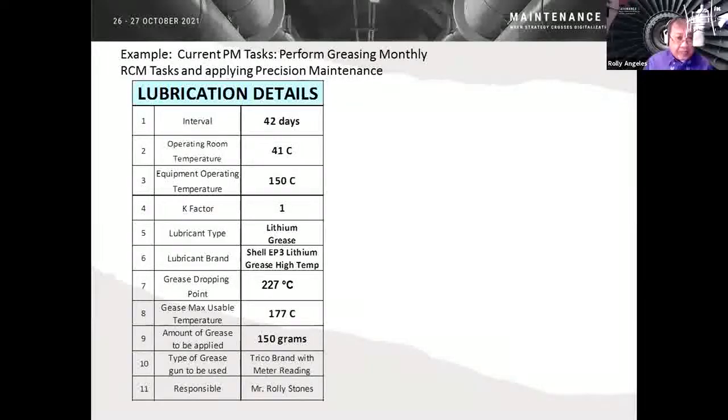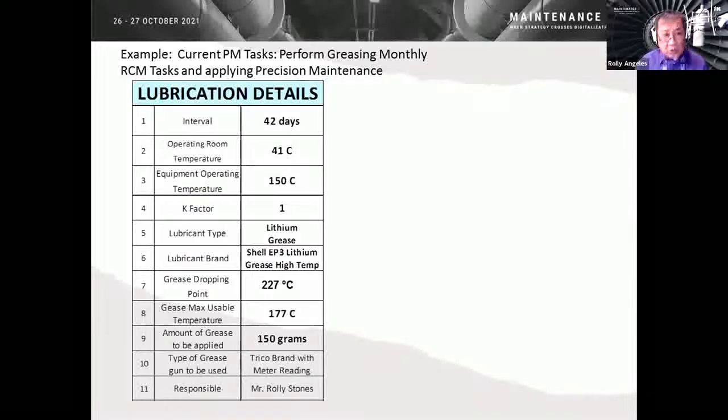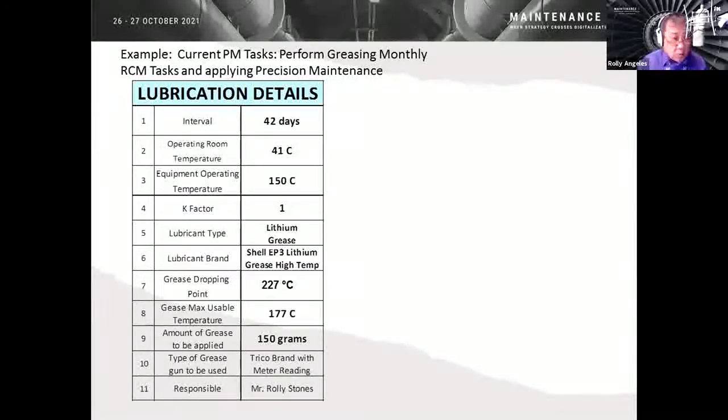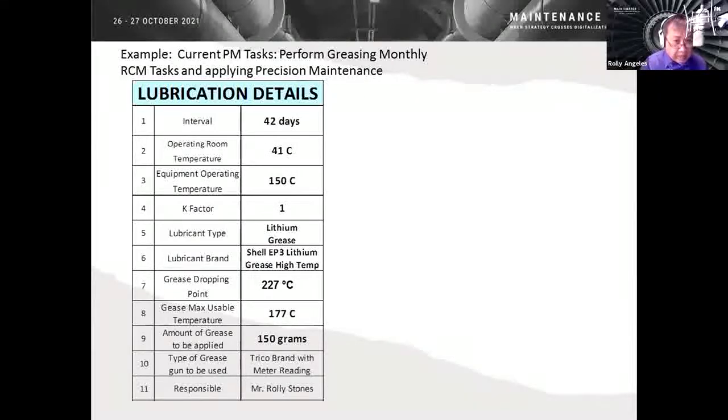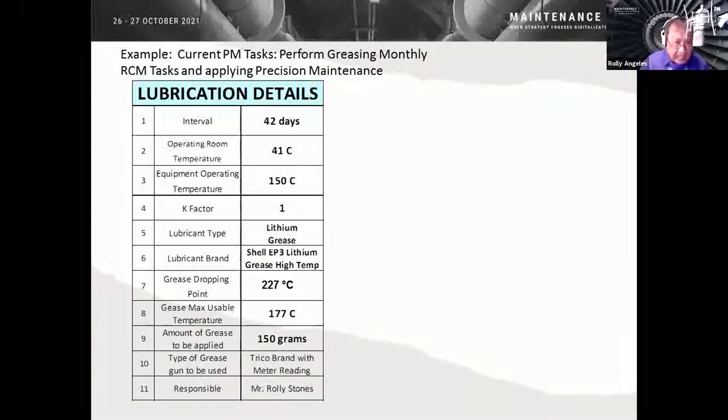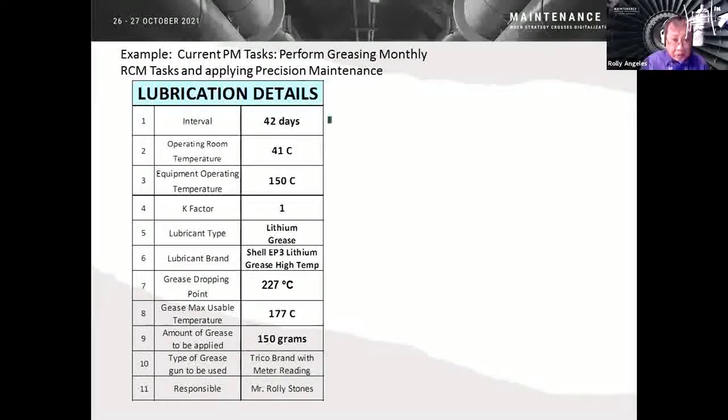Brand, Shell EP3 lubricant grease, high temp. Dropping point of the grease is at 227 degrees Fahrenheit, while the usable temperature will be at 177. Now, precise amount of grease to be applied, 150 grams. Type of grease gun, Trico brand with meter reading, and the responsible person, okay?